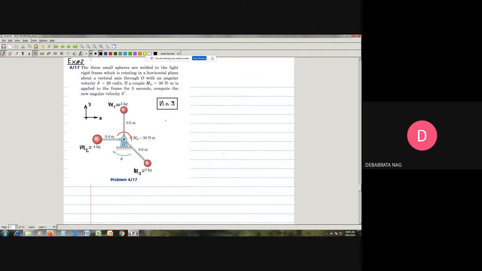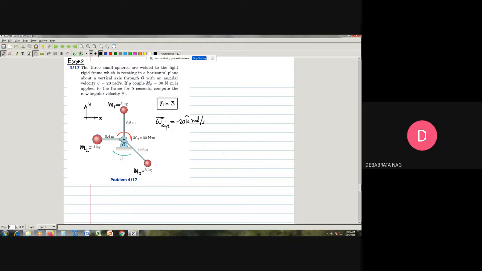That means in our case the omega bar, or the angular velocity of the system, is given as equal to minus 20 k cap radian per second, if we express it in vectorial notation.